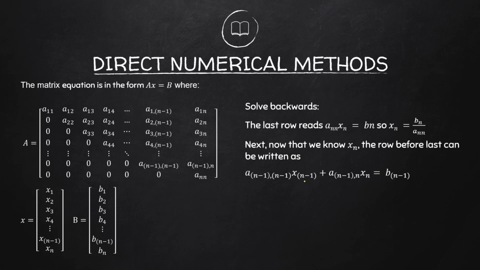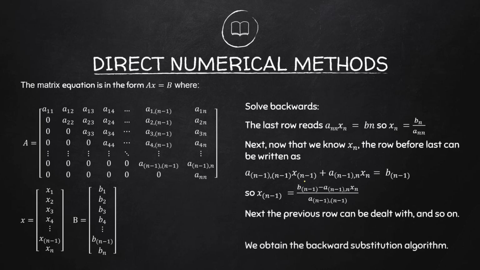And manipulating the equation, you will arrive with xn minus 1. We have obtained the algorithm for the backward substitution using the upper triangular matrix for the coefficient matrix.